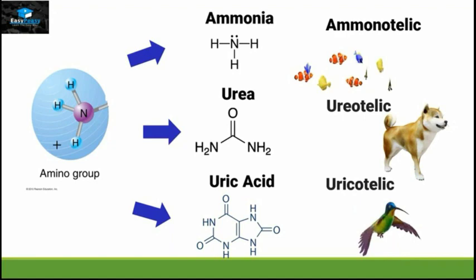So in this case, the body gets its energy from dietary protein, or from protein in body cells that die through apoptosis or so many other factors that can cause cell death.